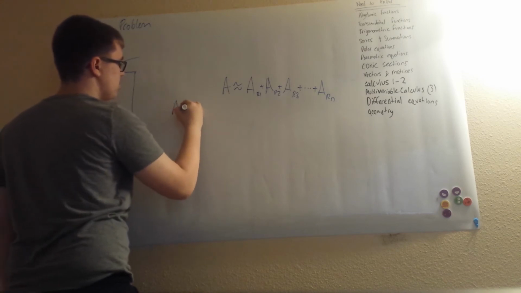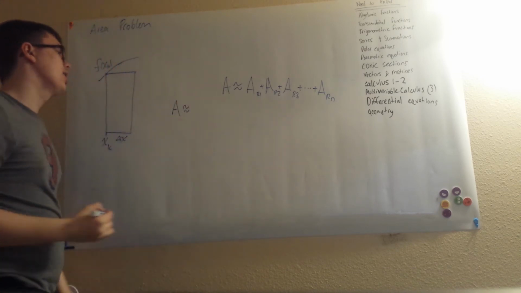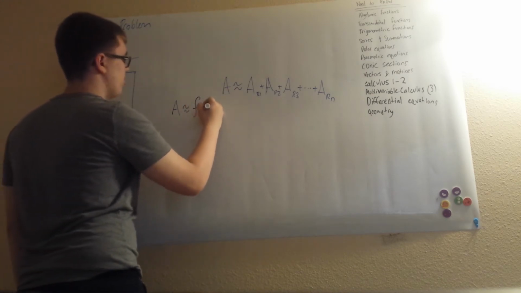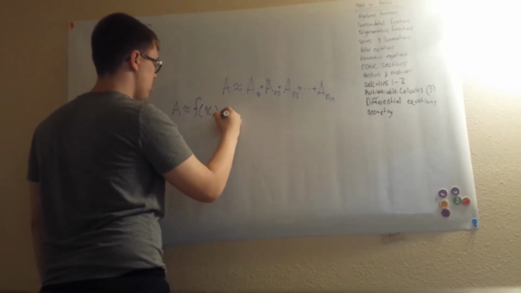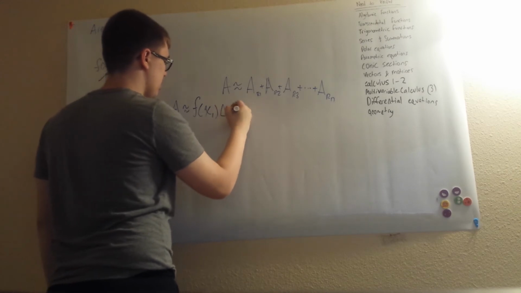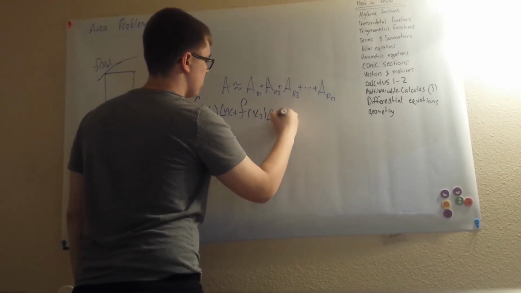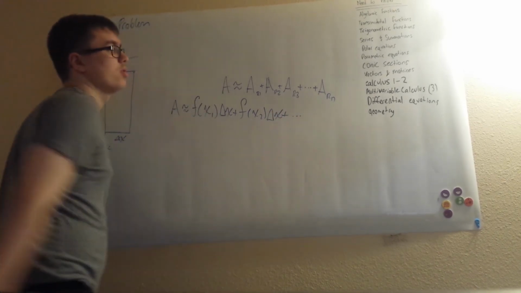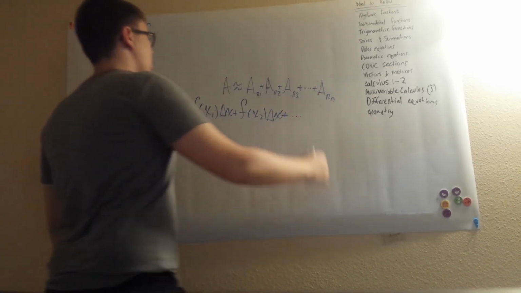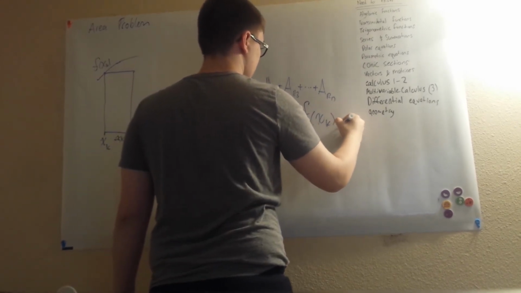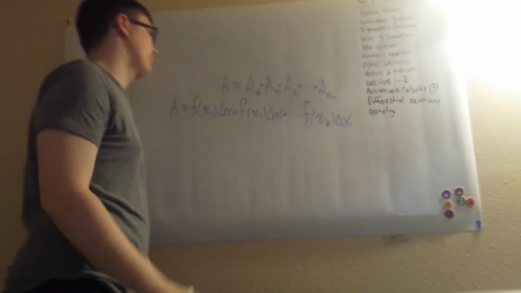So you'd say the area is approximately f of x sub 1 times delta x plus f of x sub 2 times delta x plus and so on, up to f of x sub k times delta x.